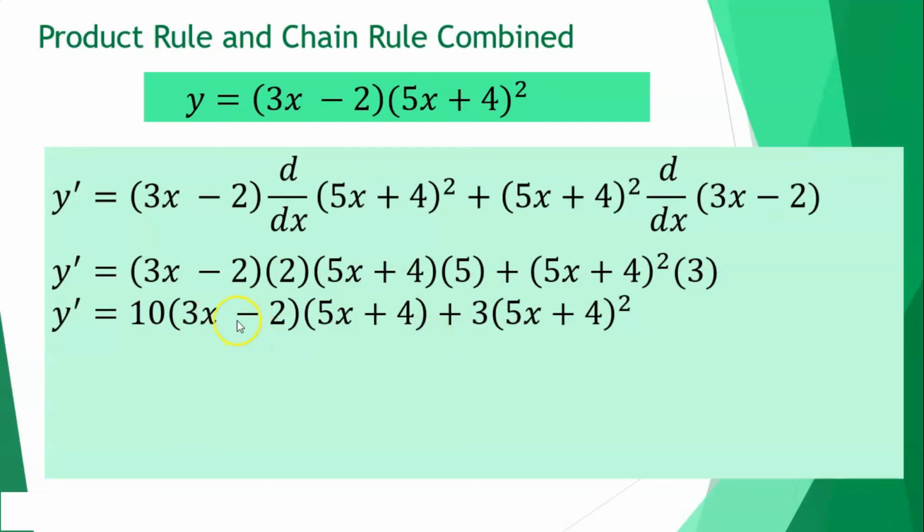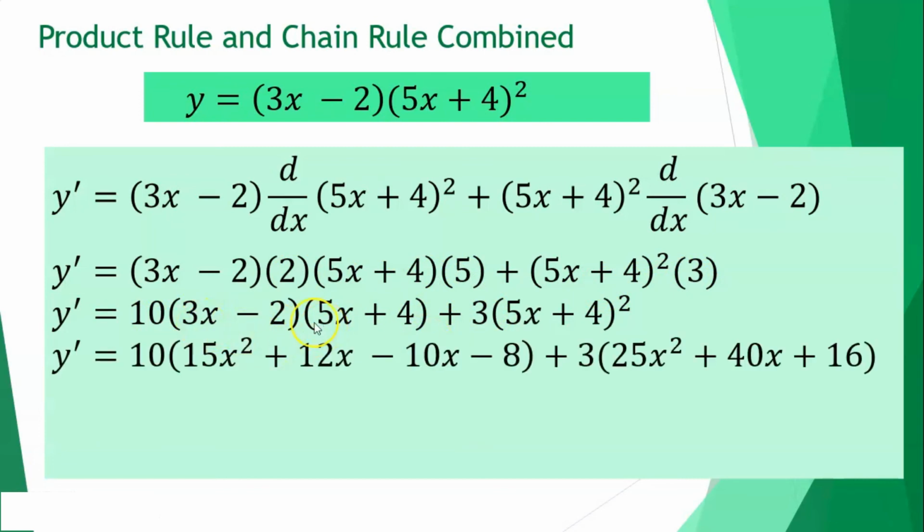So making use of FOIL here, we will have 15x² + 12x - 10x - 8. For this 3, square the first, that's 25x², 5 times 4 is 20 times 2, that would be 40x, then 4 squared, that would be 16.